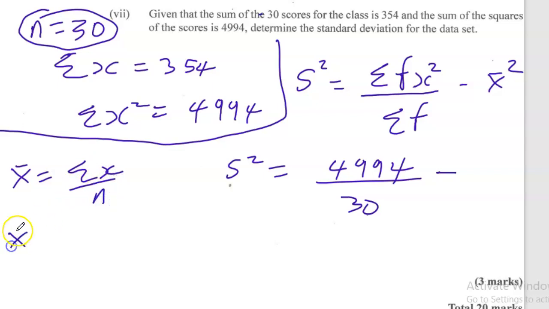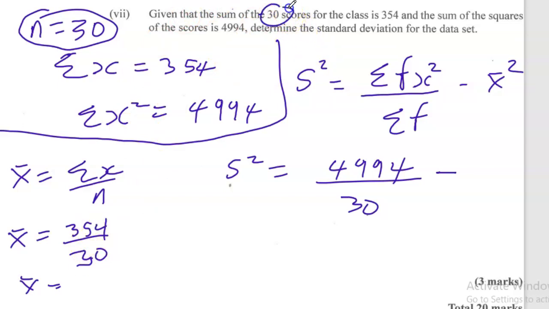The sum of x was 354 divided by n, which is 30, the number of students.